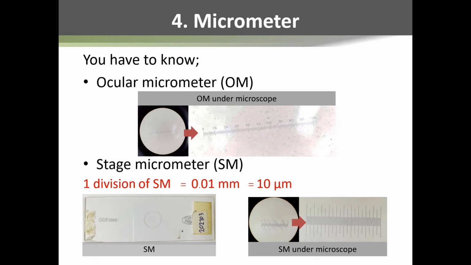We must calibrate the ocular micrometer using the stage micrometer. The ocular micrometer stays with the ocular lens, while the stage micrometer must be removed when you look at specimens. Remember that 1 division of the stage micrometer is equal to 0.01 millimeter or 10 micrometers.